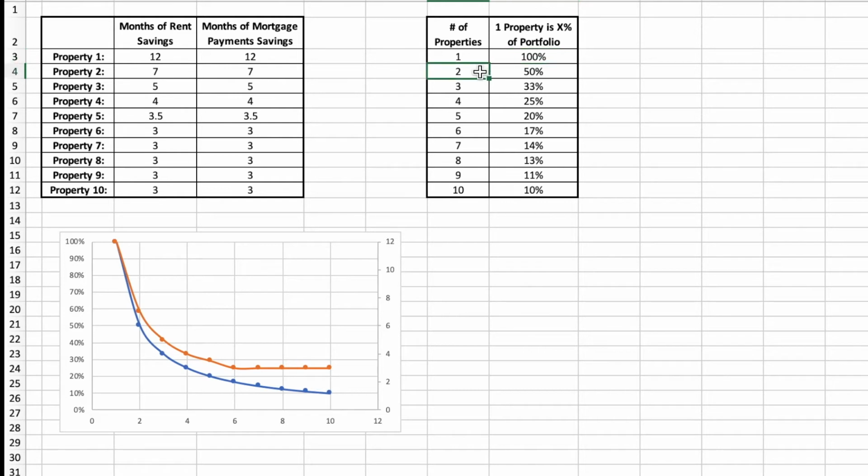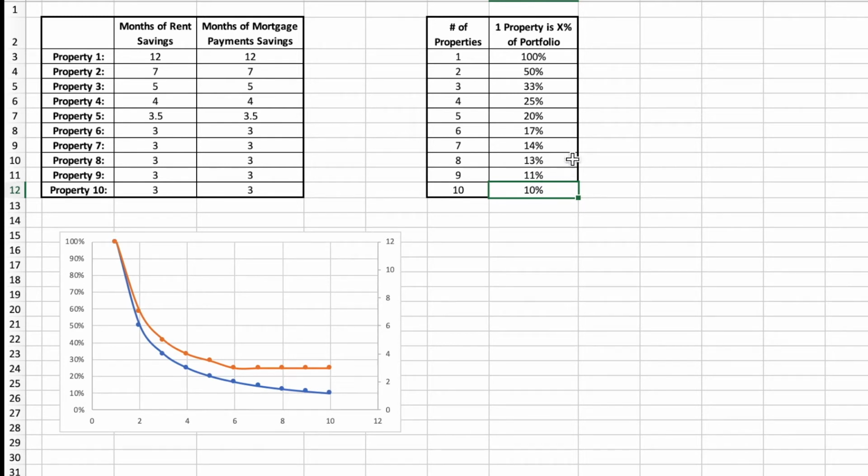But if I have 2 properties in my portfolio, then one property is equivalent to only 50% of my portfolio. If I have 3 properties, one property is a third or 33% of my portfolio, and continually it decreases and decreases. And when we get down to 10 properties, then each property is worth 10% of my portfolio.